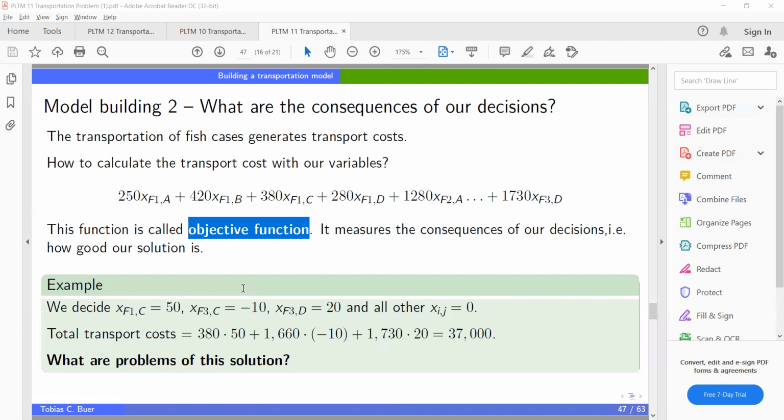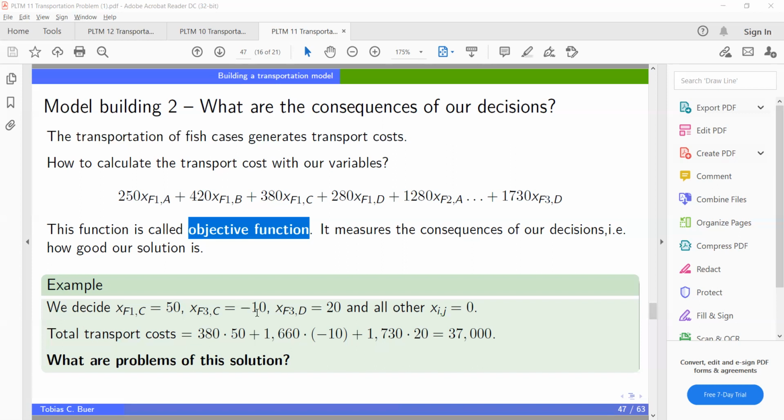A negative transport quantity, what does this mean in the real world? If we transport minus 10 cases, this sounds strange and does not make any sense in this context. For this model, it looks strange. So we are not yet done with building our model.